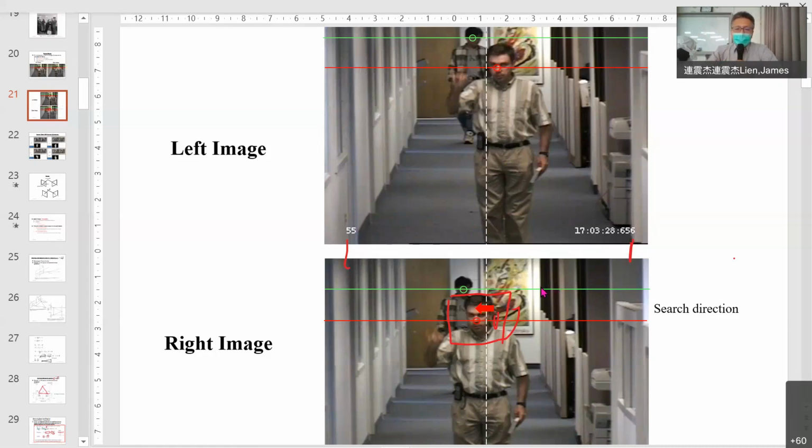After that, suppose we call the left side image the reference image. Your purpose is, for each pixel, like this one, to find the corresponding pixel. In other words, for the left side image, you go and find a corresponding point.